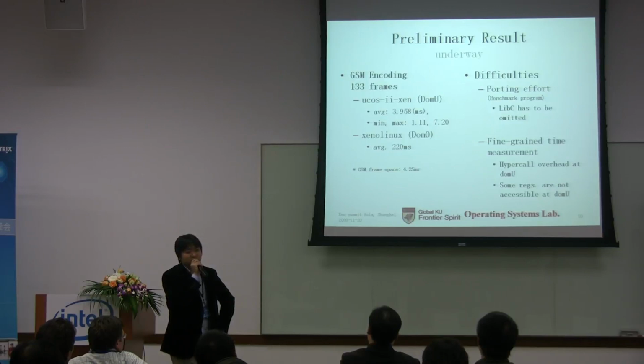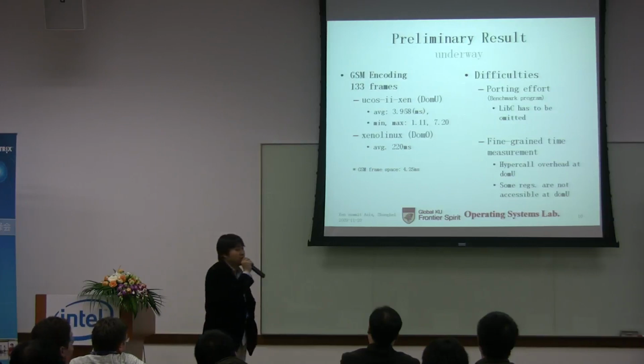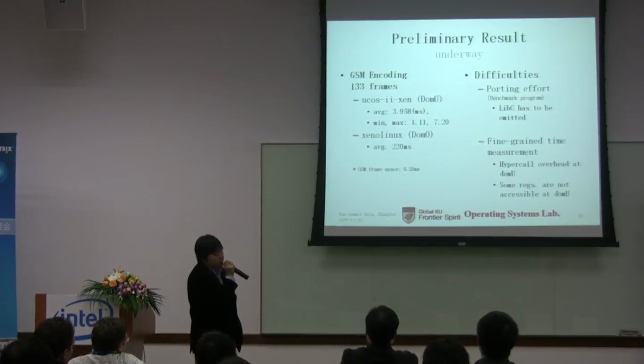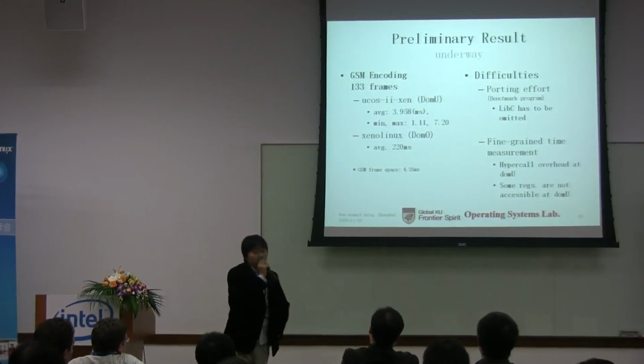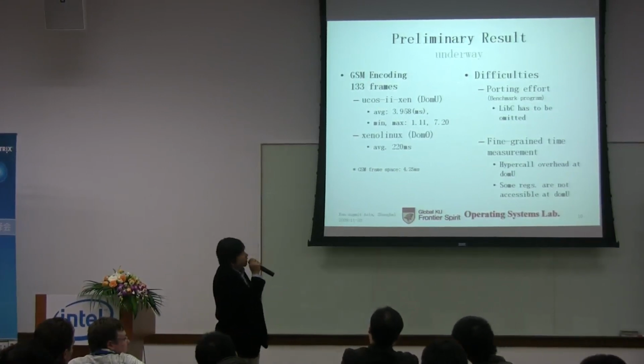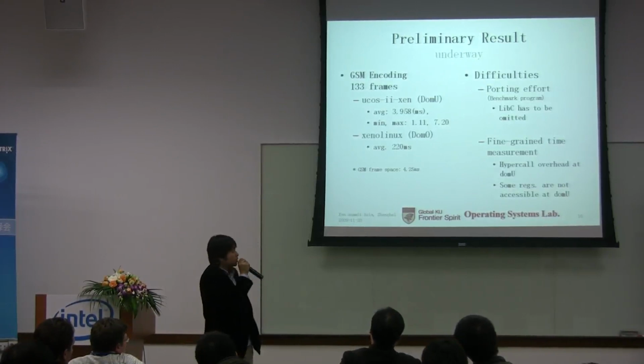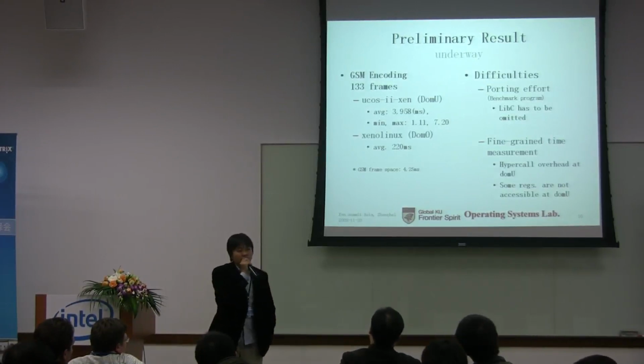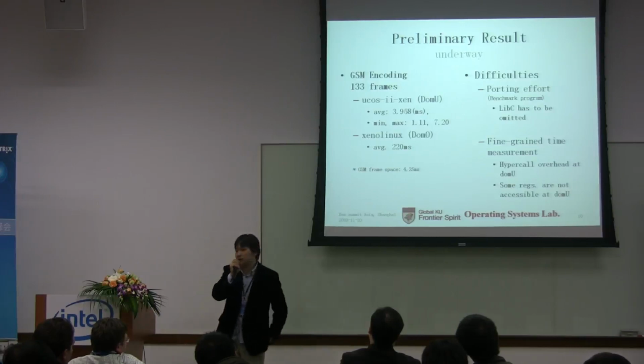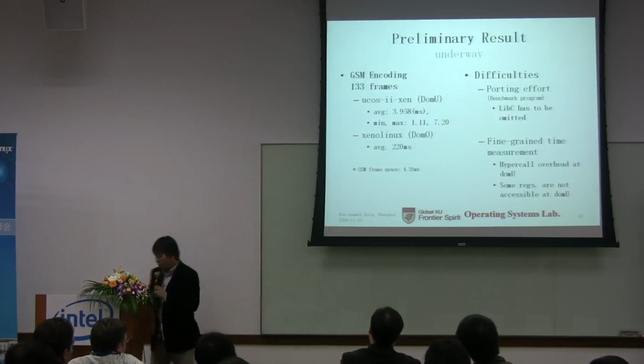However, in MicroC/OS, several C library functions are omitted, so we have to modify the code to work with MicroC/OS. And for measuring the fine-grained time, some registers are not available at domain U, so hypercall has to be invoked, and the hypercall overhead exists in domain U.